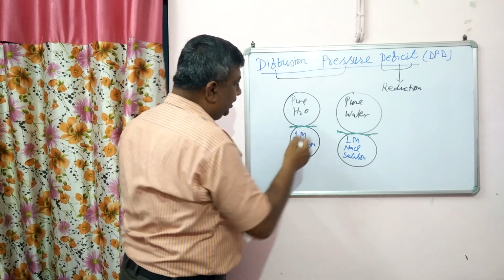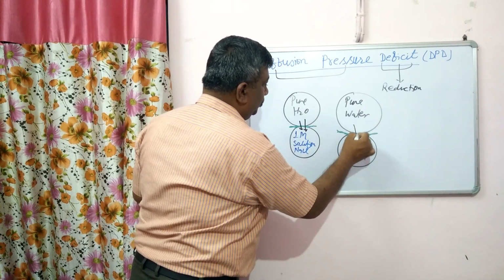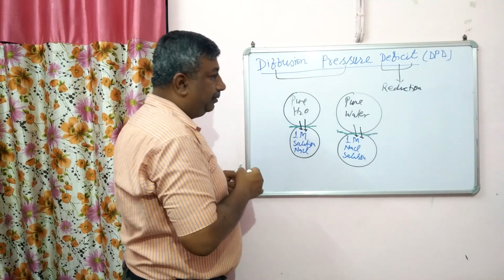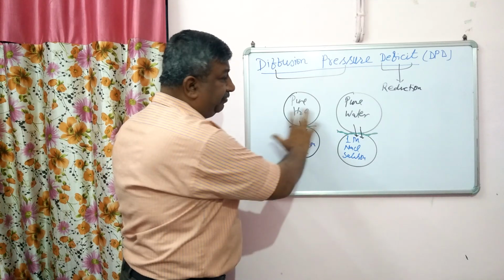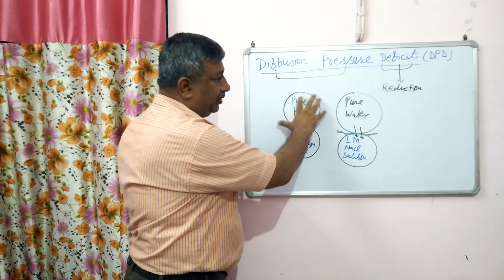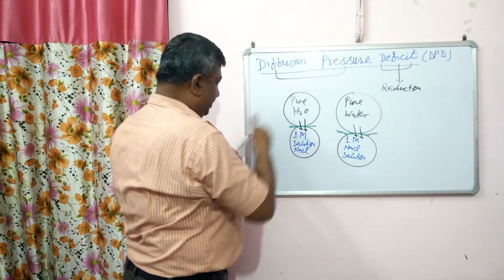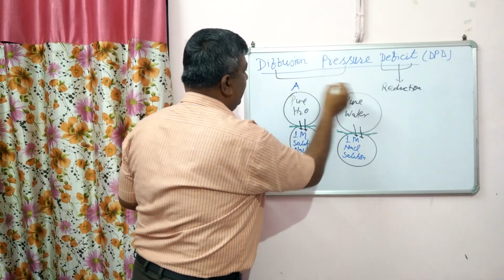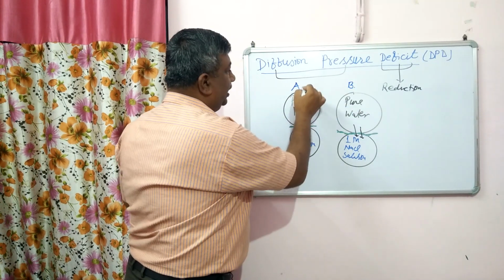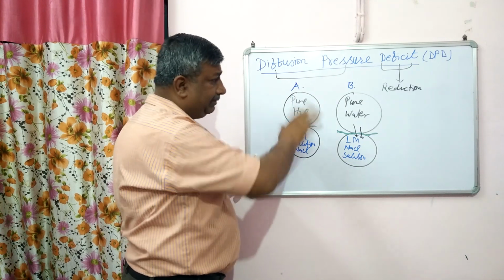So diffusion starts from pure water to this 1 mole solution. This is the process of diffusion. But now diffusion pressure is equal. So this is the diffusion pressure of pure water in both case A and B. Suppose this is the A cell and this is the B cell. In both cases diffusion pressure is same. All the things are same.